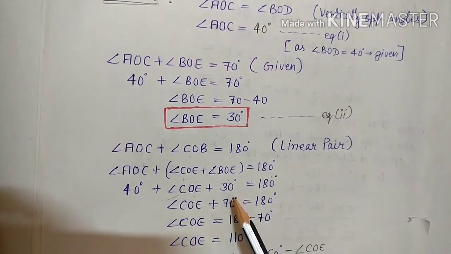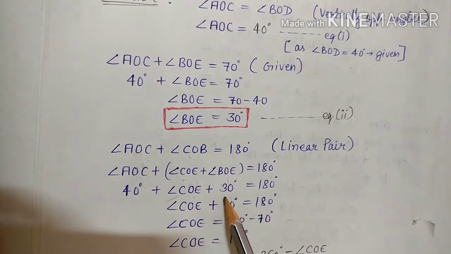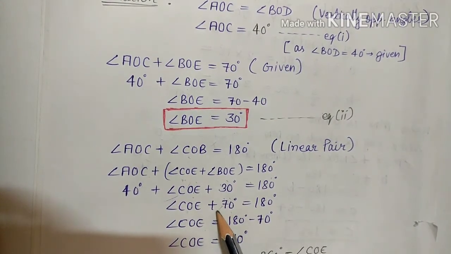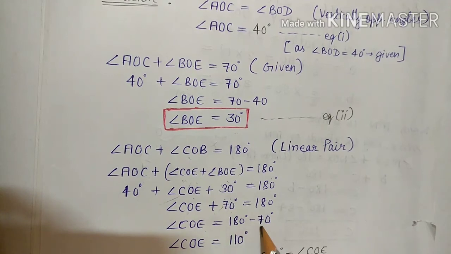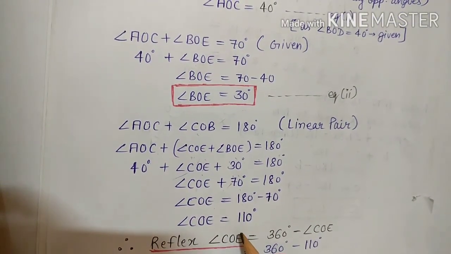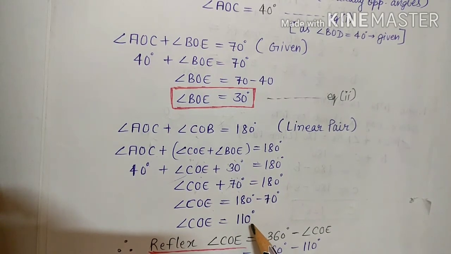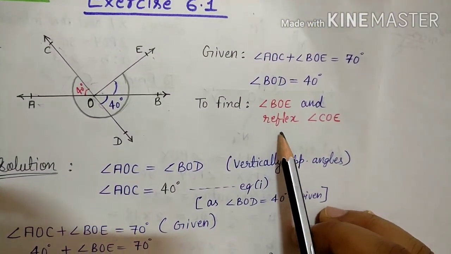In place of BOE we write 30 degrees, so 40 plus 30 becomes 70. Angle COE will remain, and 70 goes to the right-hand side with a minus sign, so 180 minus 70 gives angle COE equals 110 degrees.